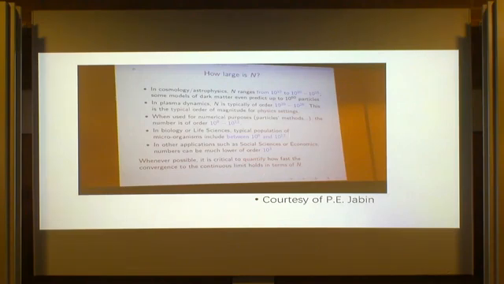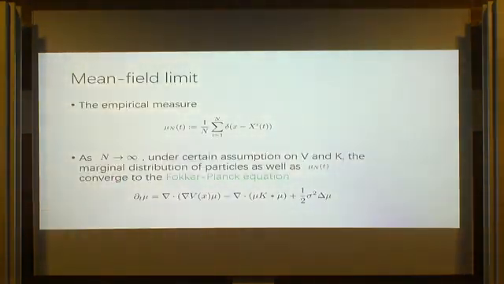It's not that we don't know how to solve ODEs, but the question is that we cannot afford it when n is very large. On the other hand, sometimes when n is very large, you can take a mean field limit.